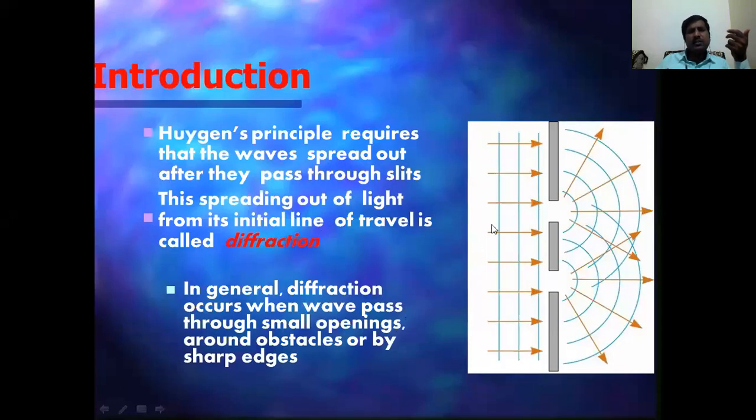Then again, I just put a picture here in a realistic way, Huygens' principle. So how did we get this diffraction and interference? Initially, Huygens proposed that light has a wave behavior. Newton proposed it's a particle behavior, right?